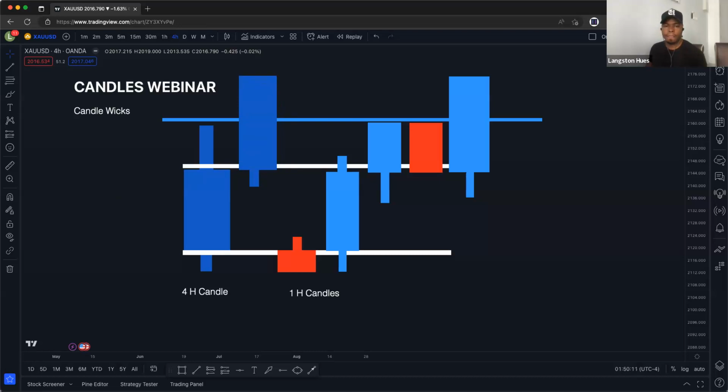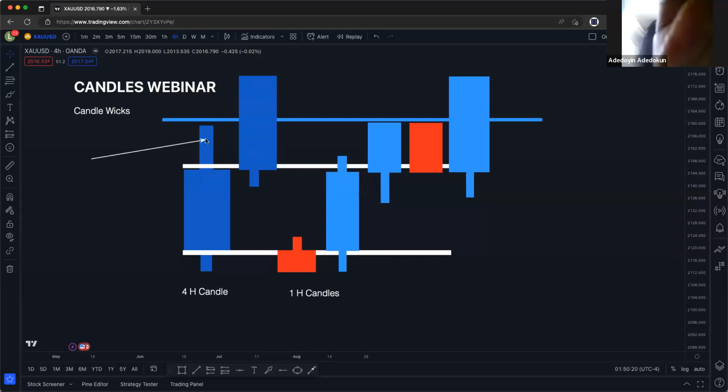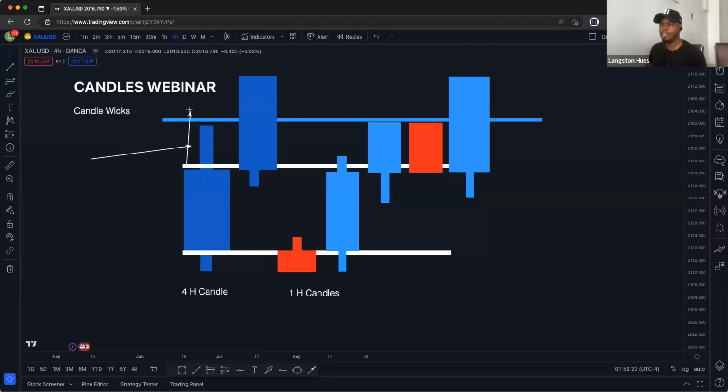So the point is, when we have these top wicks, right? That means that there's more range for price to drive. But when we have a candle, maybe bullish, that closes with no top wick, like this one here, and this one here, and this one here, it essentially means that there's no range for price to continue driving.